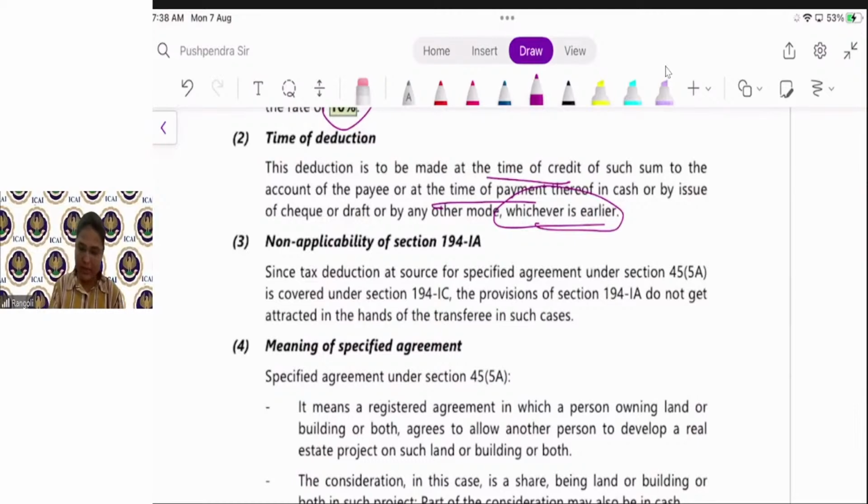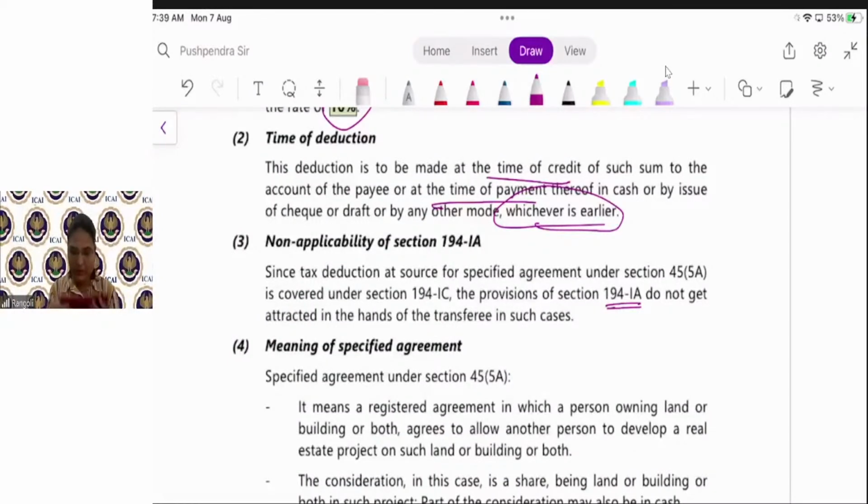Here, the landowner is transferring his property to the developer for the development of building, but section 194 IA, that is transfer of immovable property, is not applicable. TDS on transfer of immovable property is not applicable. Why? Because the separate provision section 194 IC is provided for the specified agreement.